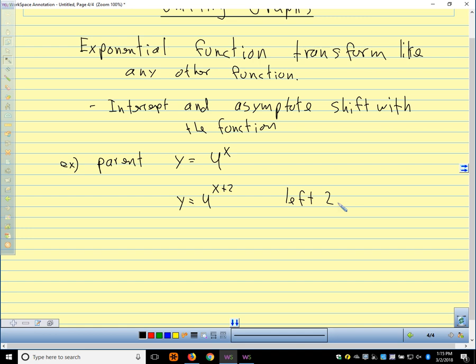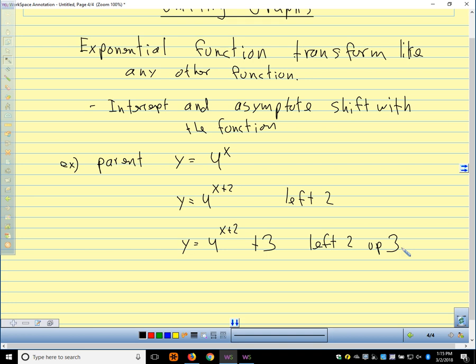So let's look at one of those. Y equals 4 to the x plus 2, plus 3. So what would happen with this one? Left 2, up 3. So our intercept would shift over to negative 2, 1.